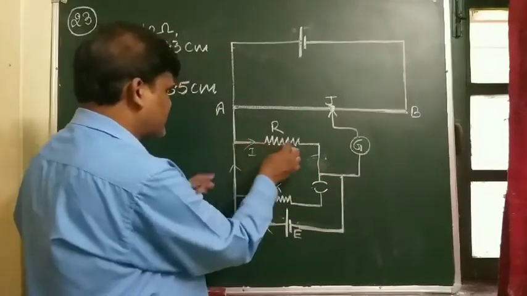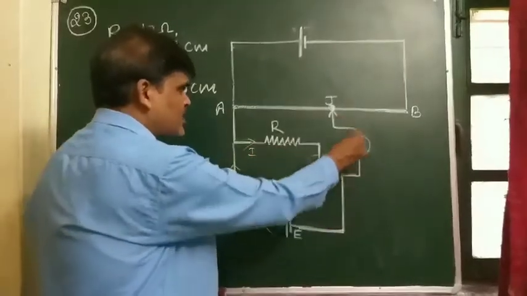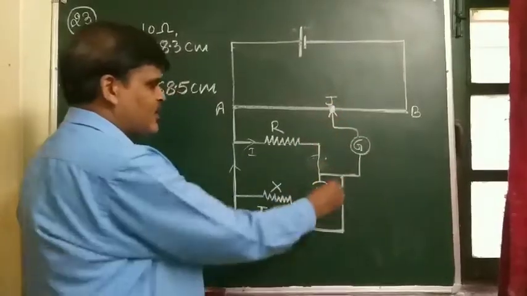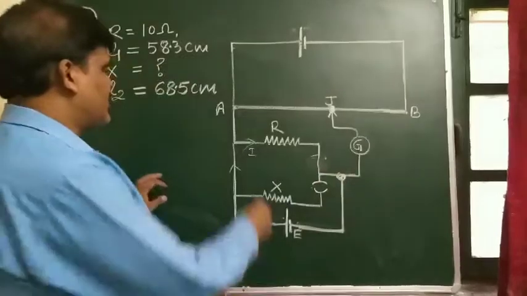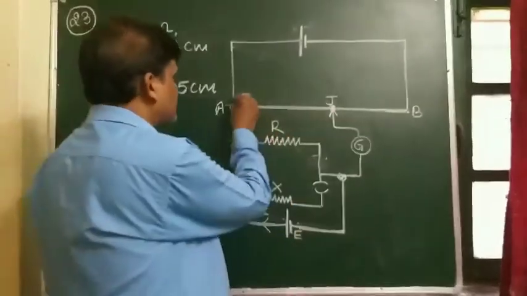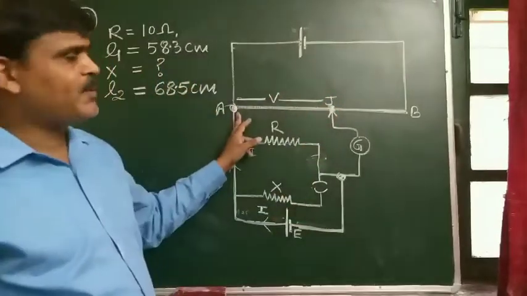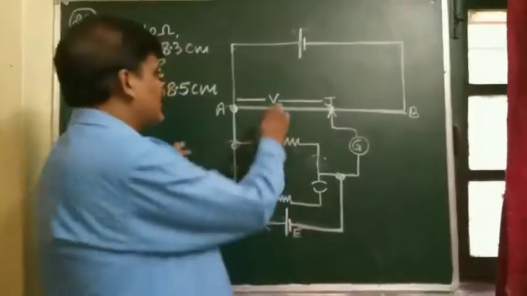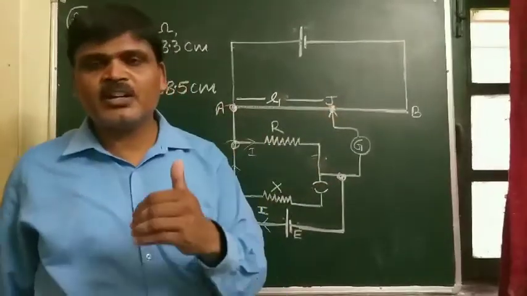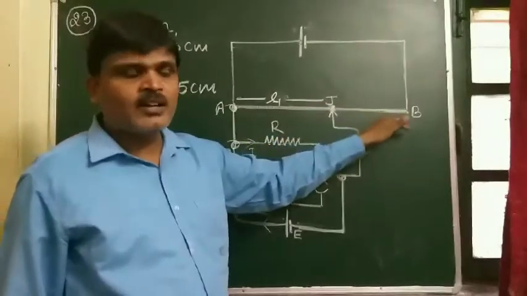It means the terminal potential difference across R. This cell sends a current into the resistance R, and when the balancing length comes out, it means the potential at this point will equal the potential at this point. Suppose this potential drop is V, and K is the potential gradient across the potentiometer wire.